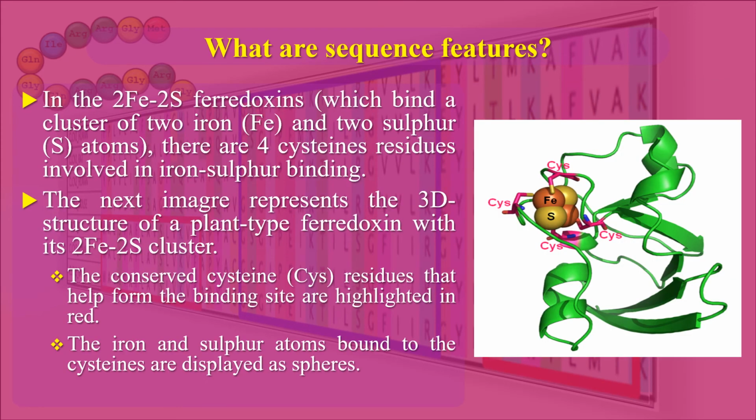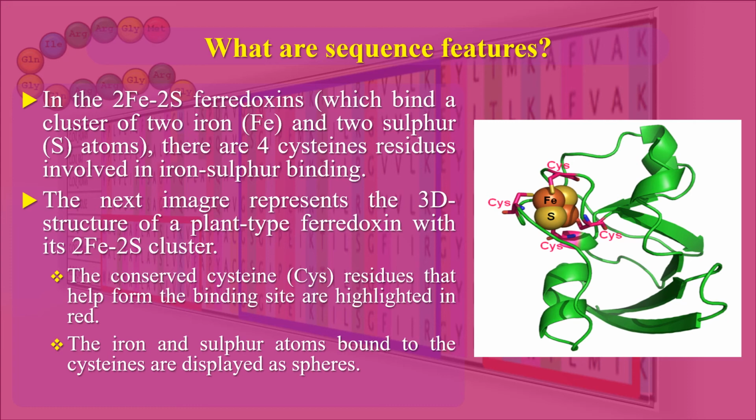What are sequence features? In the 2Fe2S ferredoxin, which binds a cluster of 2 iron and 2 sulfur atoms, there are 4 cysteine residues.